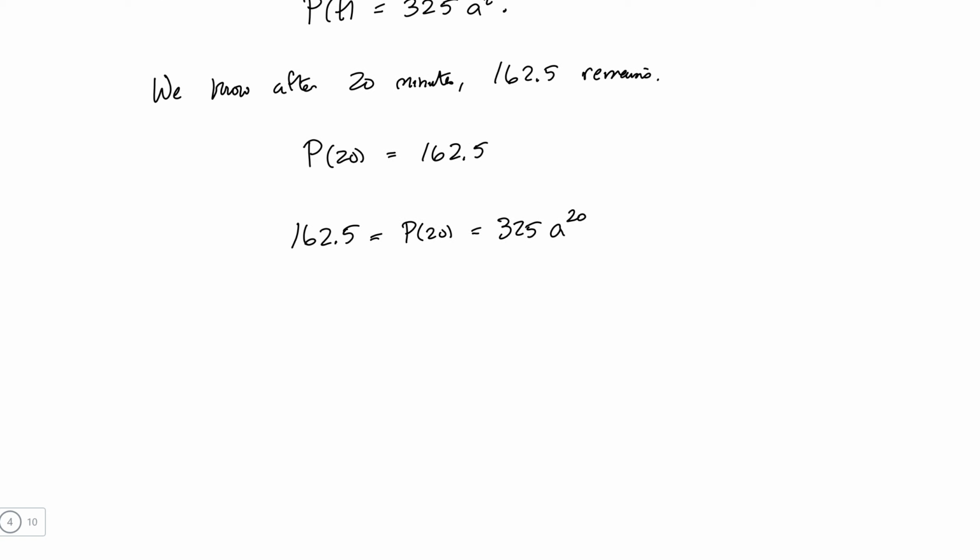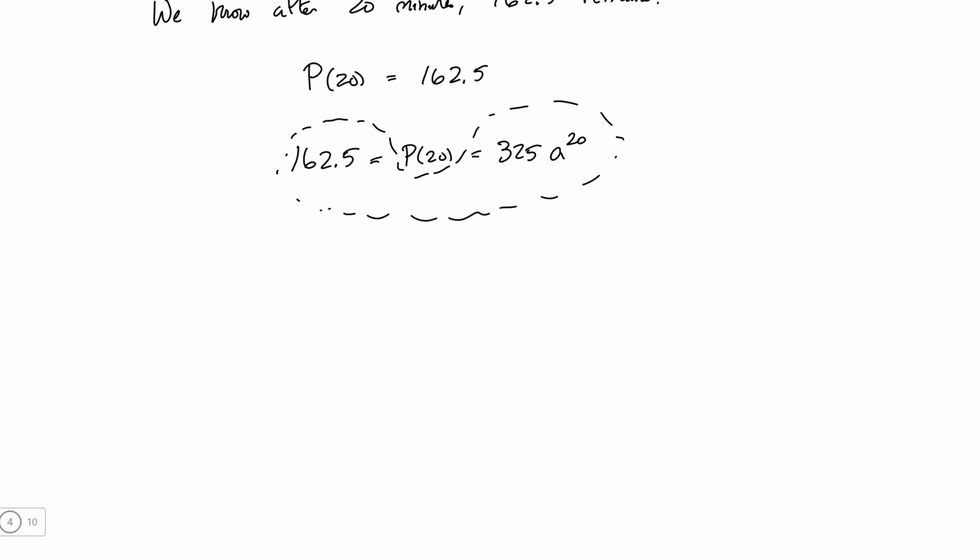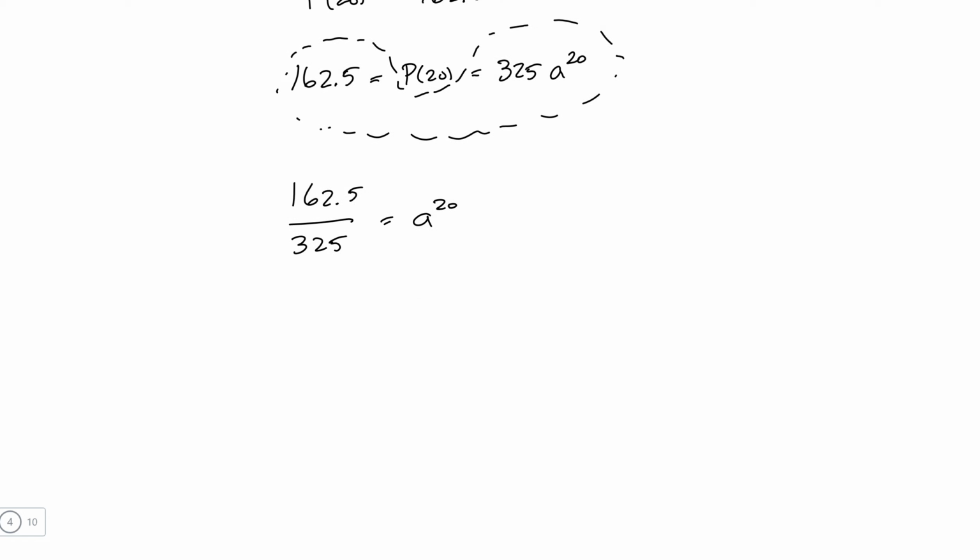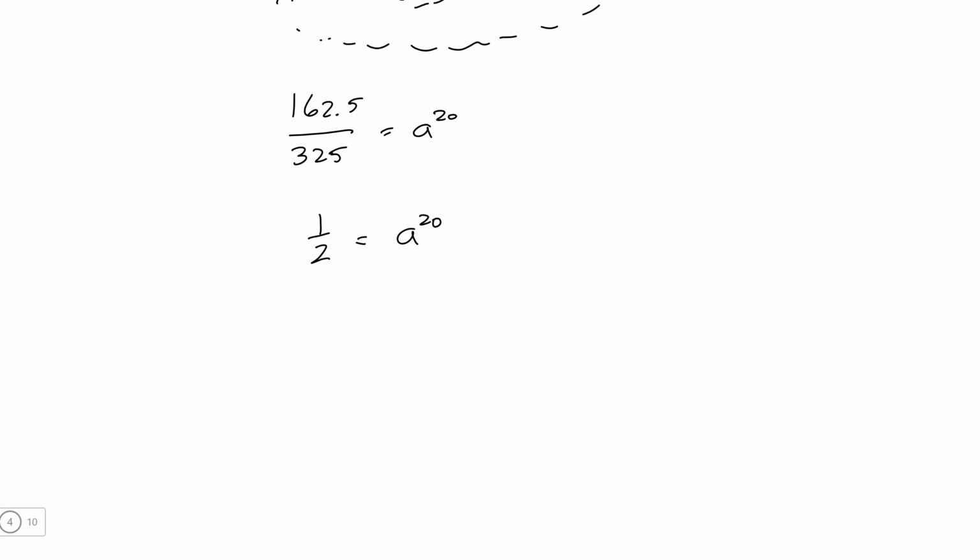Now if I take the outsides of this equation, look at that part, I want to figure out what a is here. So let's first divide both sides by 325. Now we've seen before above that 162.5 is half of 325. So this gives me 1/2 is equal to a to the 20. And now I can take both sides and raise them to 1/20.